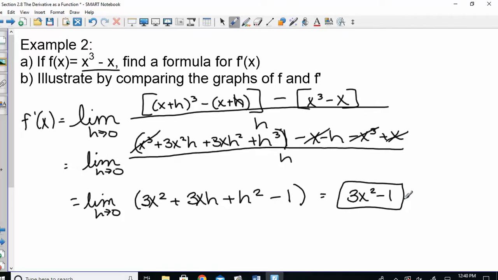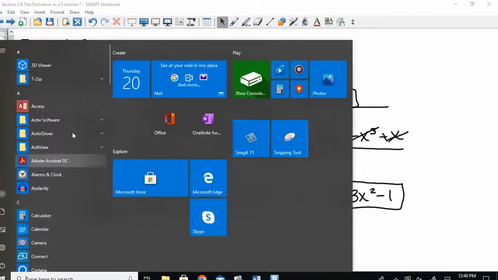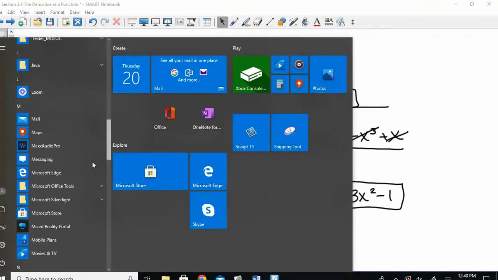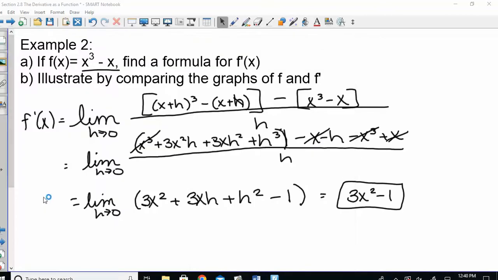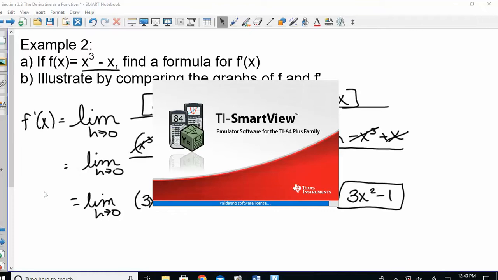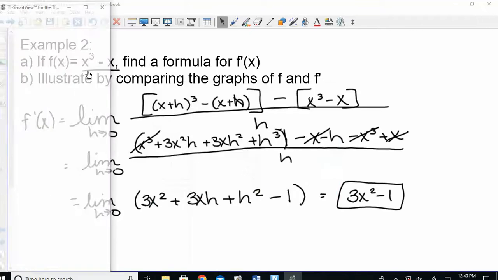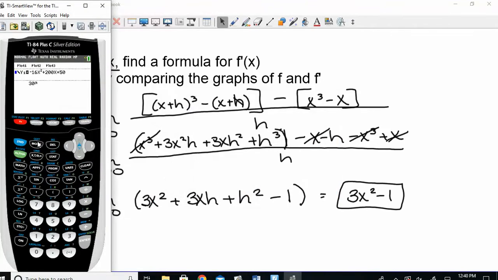Let's use our graphing calculator real quick and just compare the graphs of these two things and see if they're kind of related the way we predicted. So my original was x cubed minus x.